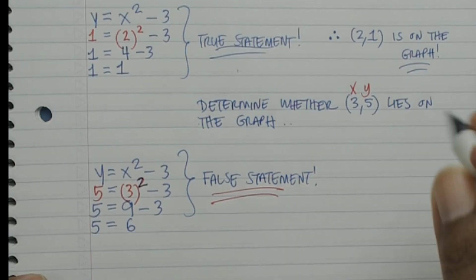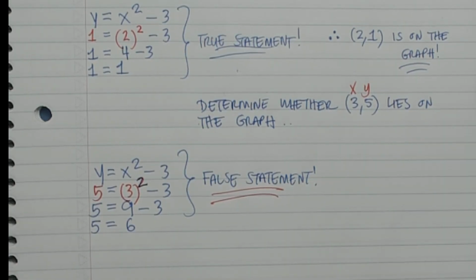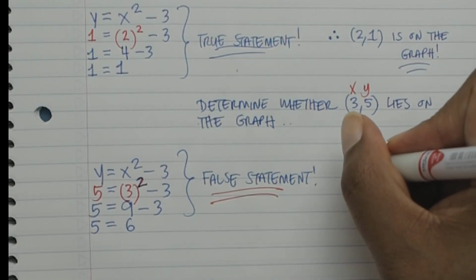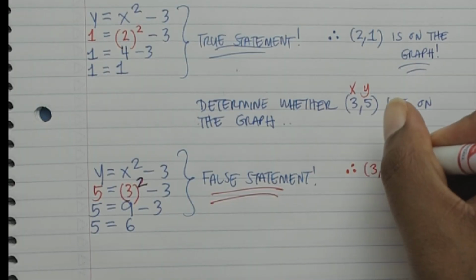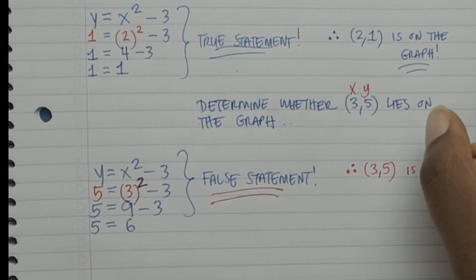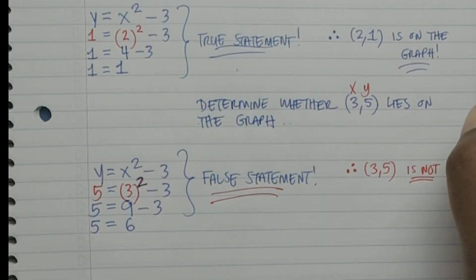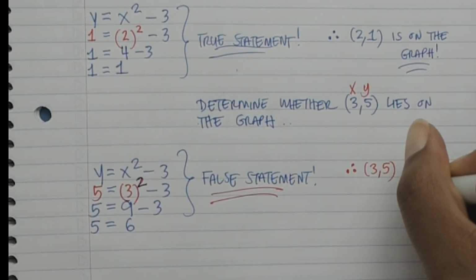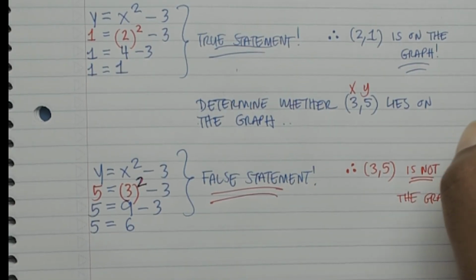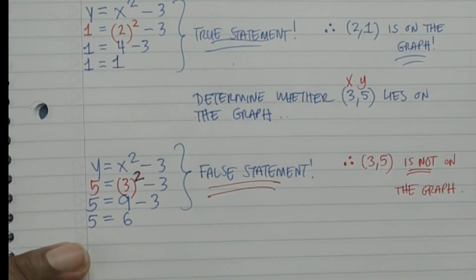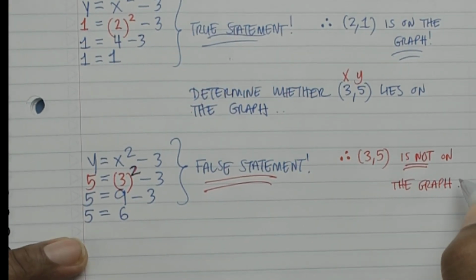Because 5 is not equal to 6. So therefore, or thus, (3, 5) is not on the graph.